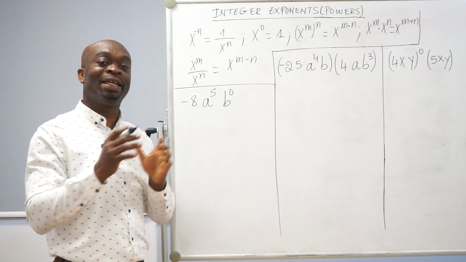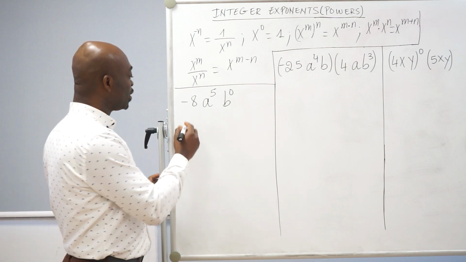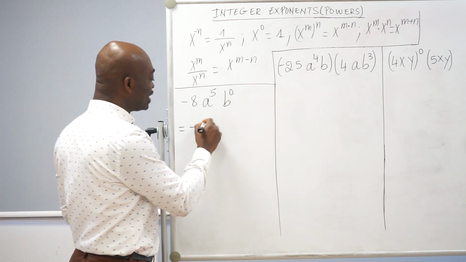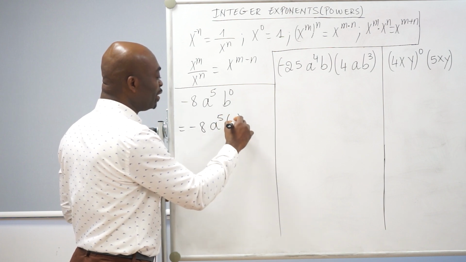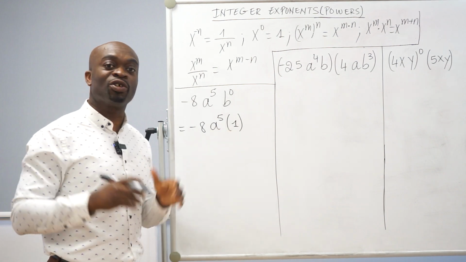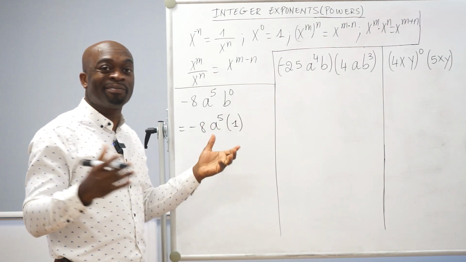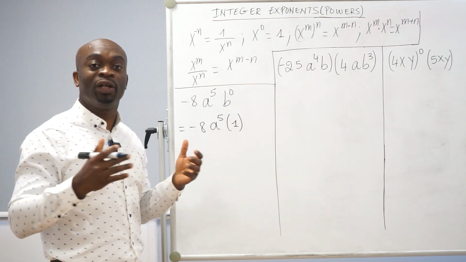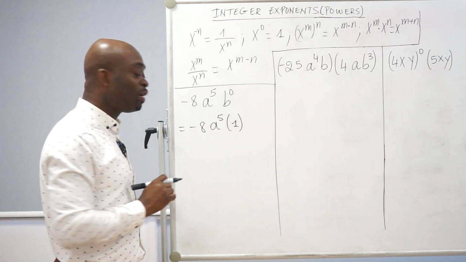But remember, at the end of the day, we want to simplify these expressions, okay? So this one is going to be equal to -8, a power 5 times 1. Because b power 0 equals 1. So I put parentheses so that we can see that we are multiplying, okay? Because if I don't put it there, it may not make sense to a lot of you guys. So we put the parentheses so we know it's multiplication that we have.